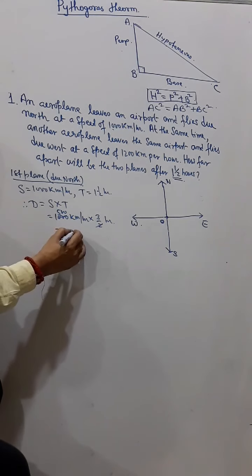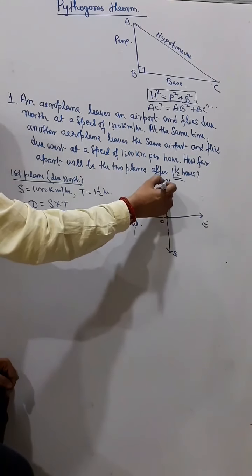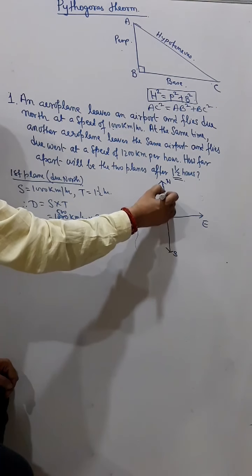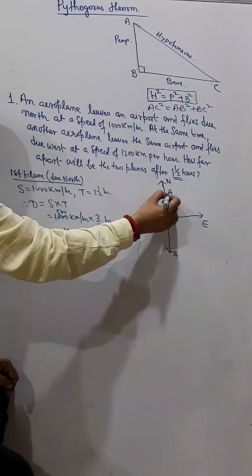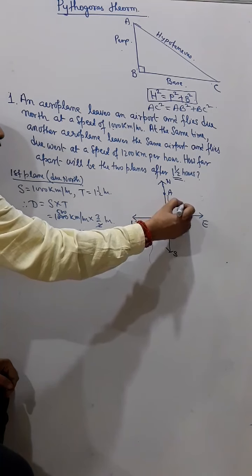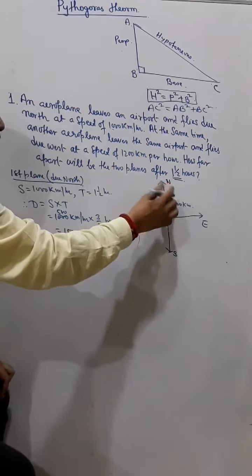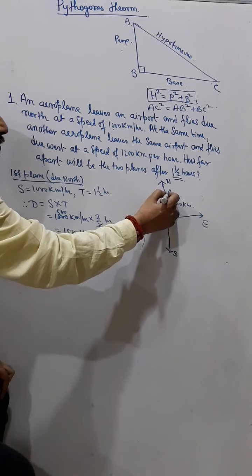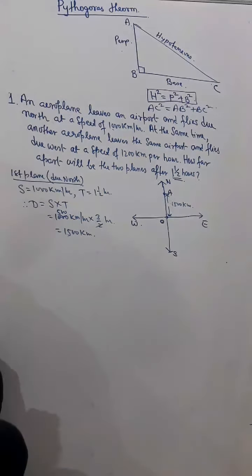So we get 1500 kilometers. That means the first plane traveling north after 1.5 hours reaches 1500 kilometers. Suppose it is at this point A. So this distance AO is 1500 kilometers.